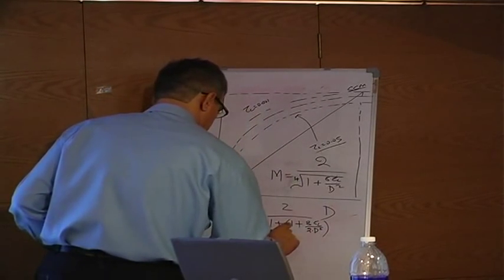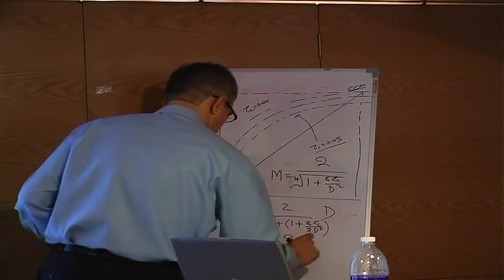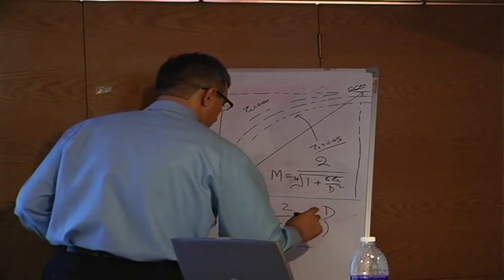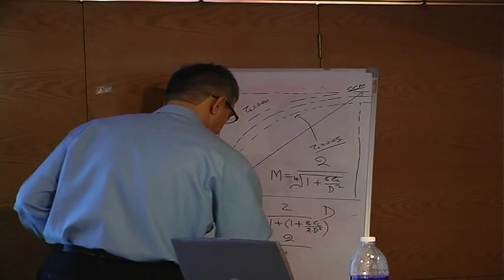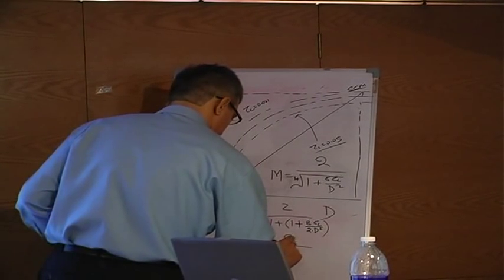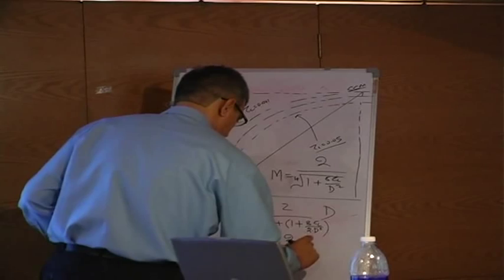So which is equal to 2 divided by 1 plus, now you can kind of see the behavior here. 2 plus 4 tau L by d squared.